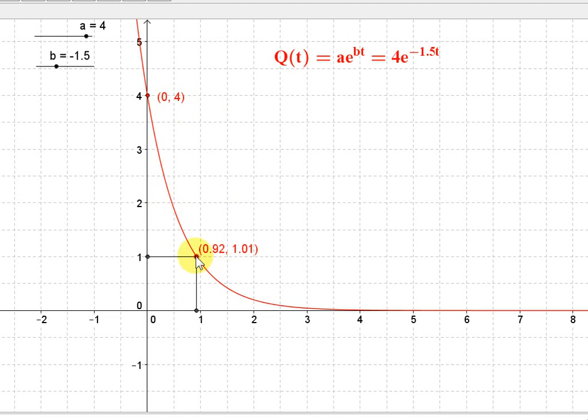And to halve the quantity further, we want a value of 0.5. Half of 1 is 0.5. There it is. So we add another 0.46 onto 0.92. That gives us about 1.39. So I'm allowing for rounding error here. Half of 0.5 is 0.25. So it could get half of 0.5, and that'll take a further 0.46 units of time.